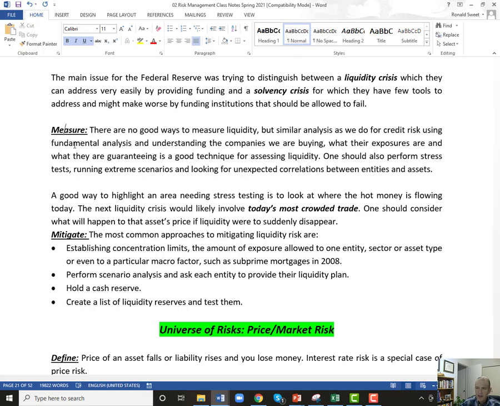You do a similar analysis to what you do with credit analysis. You're trying to understand the underlying investment, the underlying companies, the exposure, their industries. You want to see what would happen if they went insolvent, what assets could you get. So a lot of the protection for liquidity risk is the same protection you have for credit risk.